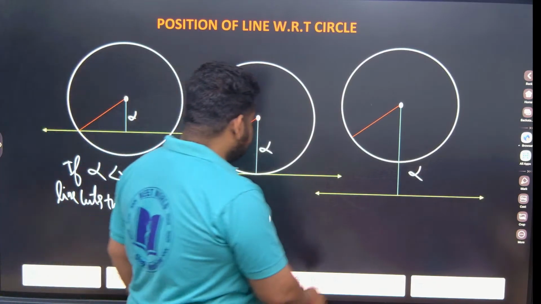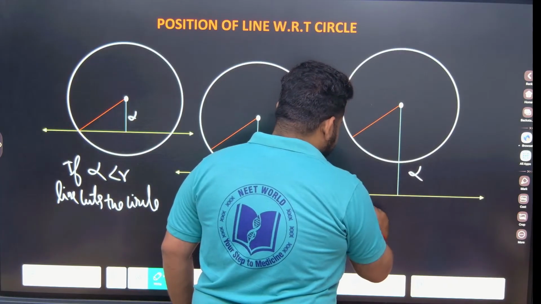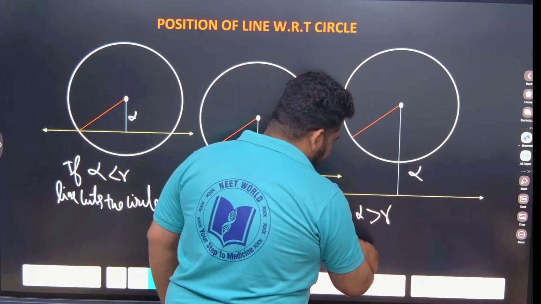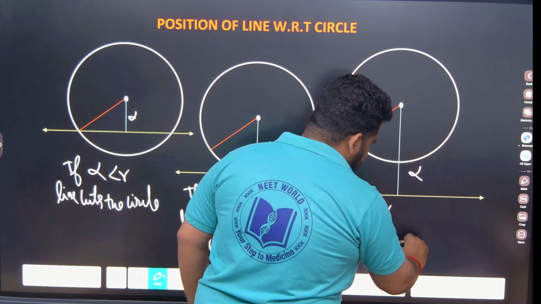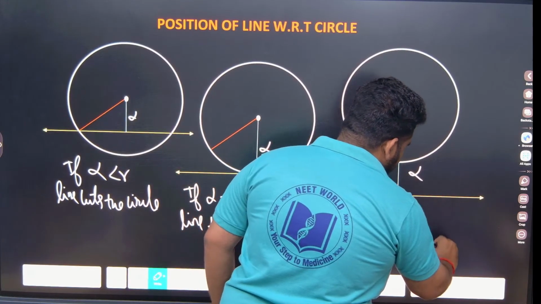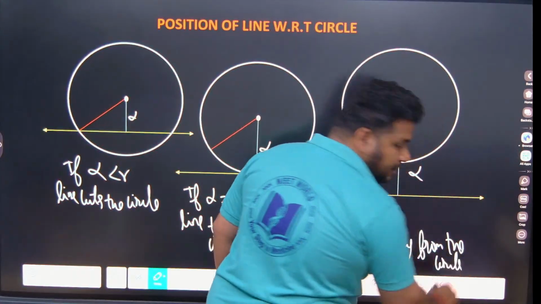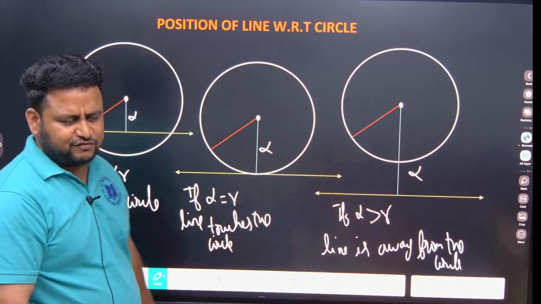If alpha is greater than the radius, the line is away from the circle.